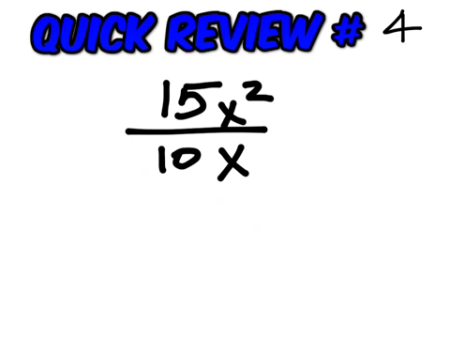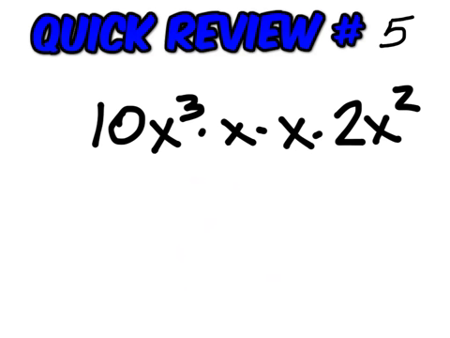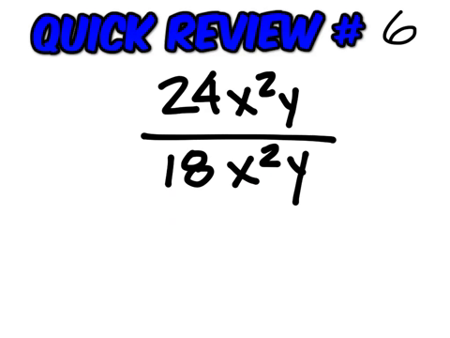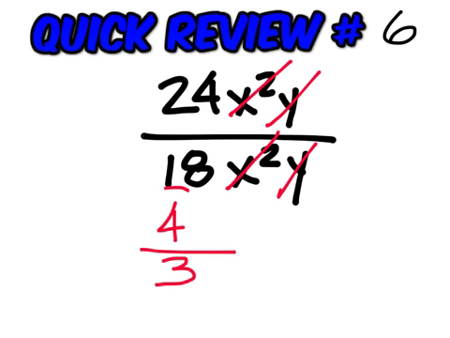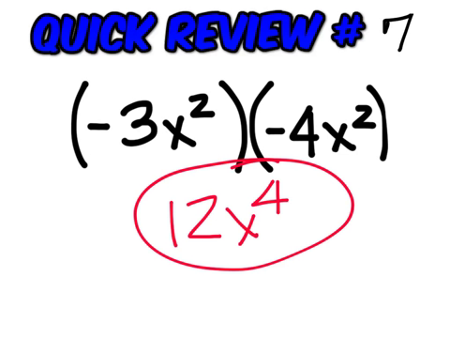That'd be 3 over 2x. 3x over 2. Why not keep doing that? 20x to the 7. That'd be 4 over 3. 4 over 3 is the answer. That's going to be 12. 12x to the fourth, yeah.